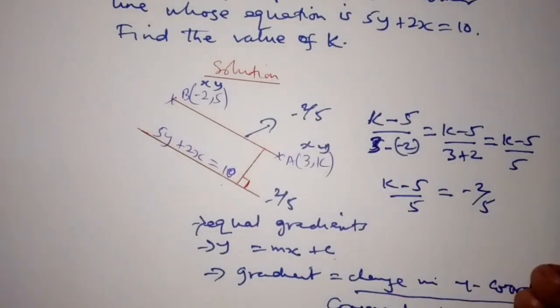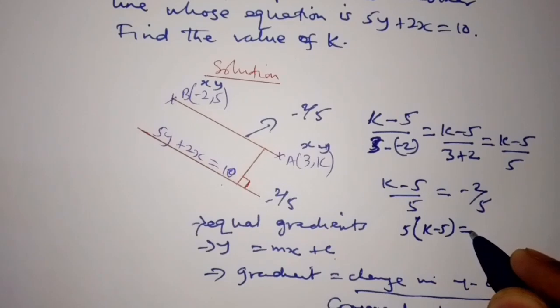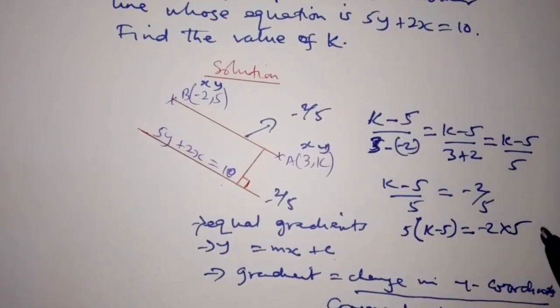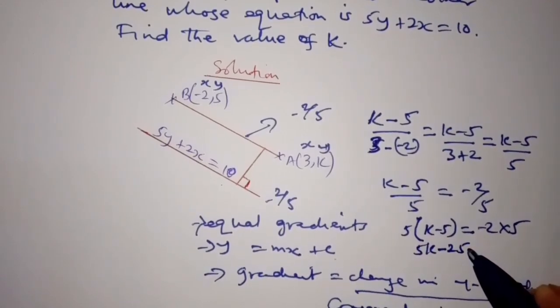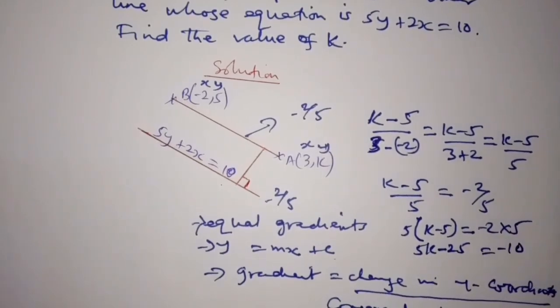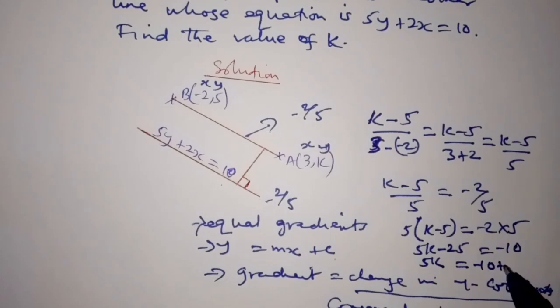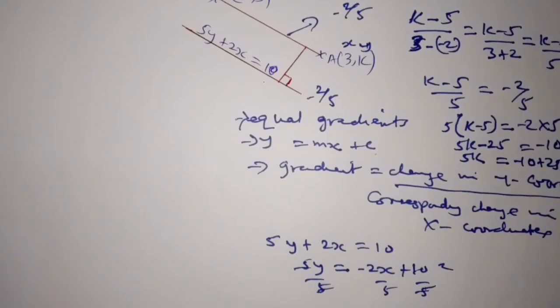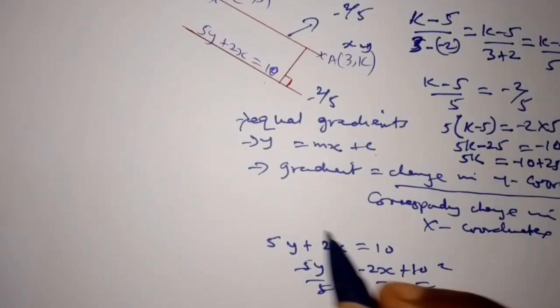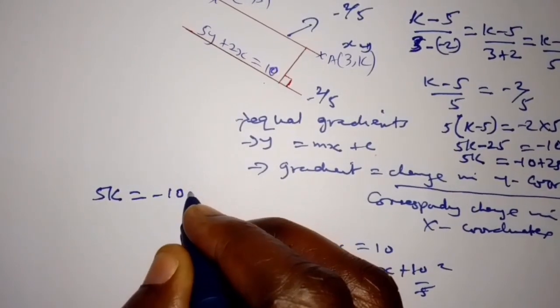Now we can cross multiply: 5 times k minus 5 is equal to negative 2 times 5, so 5k minus 25 is equal to negative 10. 5k is equal to negative 10 plus 25.